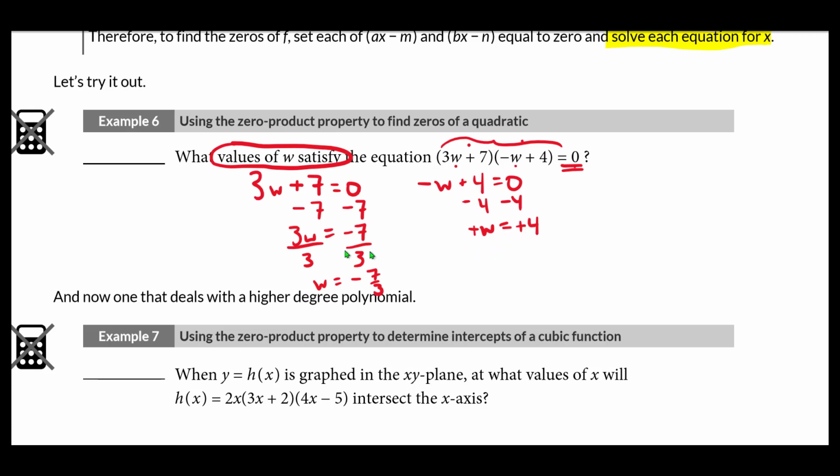So our two values of w that will make this equation true are the values that will make this equal to 0 or this equal to 0, and those two values are negative 7/3 and positive 4. So negative 7 over 3, semicolon, positive 4. Those are the values of w that will satisfy that equation.